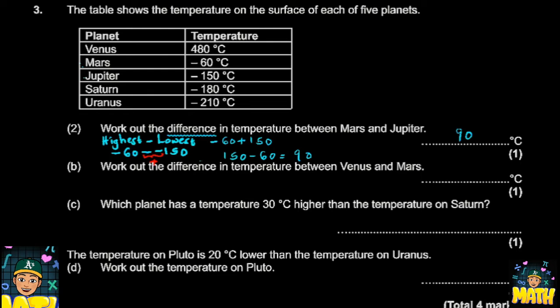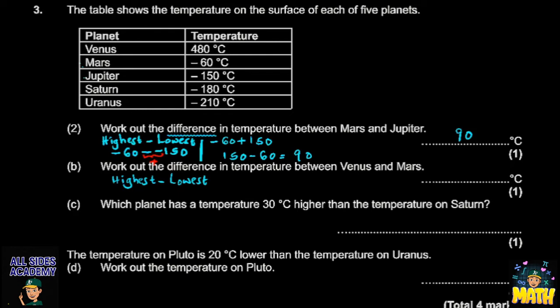The temperature difference between Venus and Mars. So Venus and Mars, the temperature difference will be given by highest minus lowest. Always remember that. So the highest is 480 and the lowest is -60.